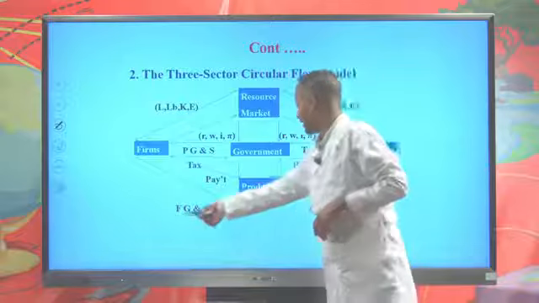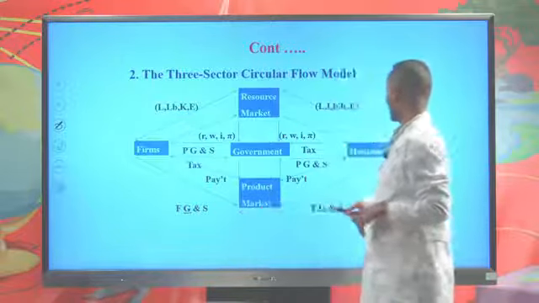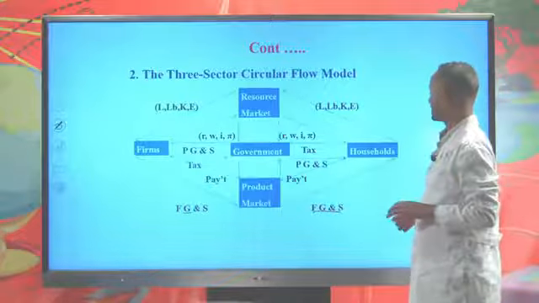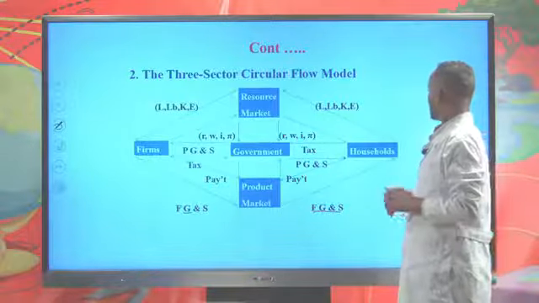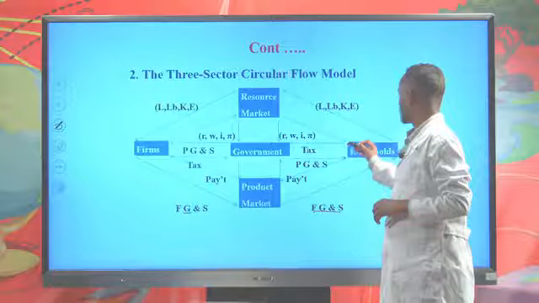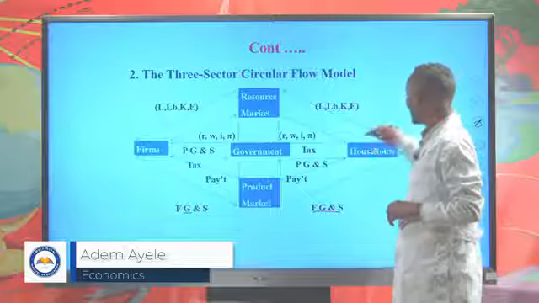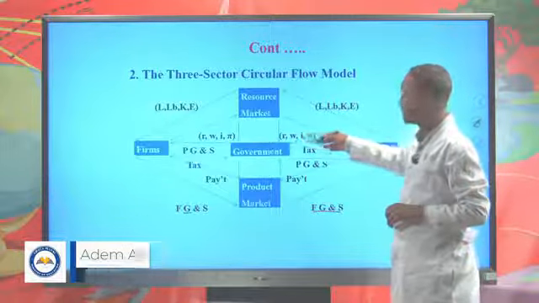Firms are suppliers of final goods and services in the product markets, and households are demanders of final goods and services in the product market. Government provides public goods and services for households, and households in turn pay taxes to the government.